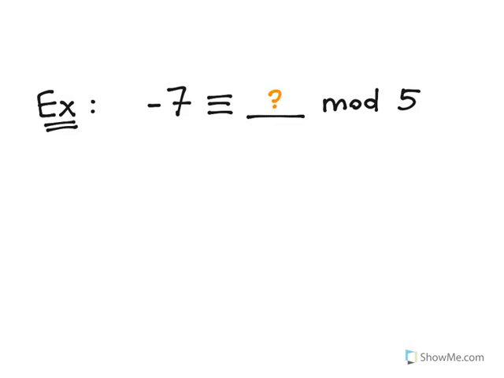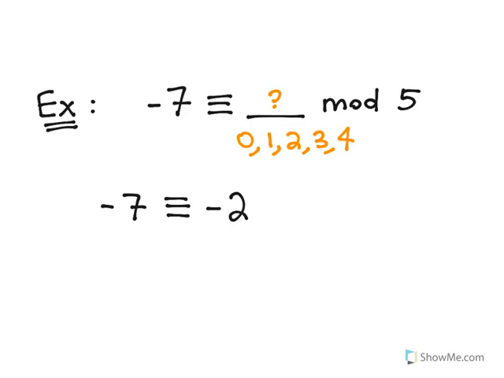For example, suppose I'm trying to fill in the blank in this equation with a number between, well, 0 and n-1. In this case, since n is 5, that means I want to fill it in with a number in the range from 0 up to 4. Now what I'll do is I'll start with -7, and I'll repeatedly add 5s until I get in my desired range.